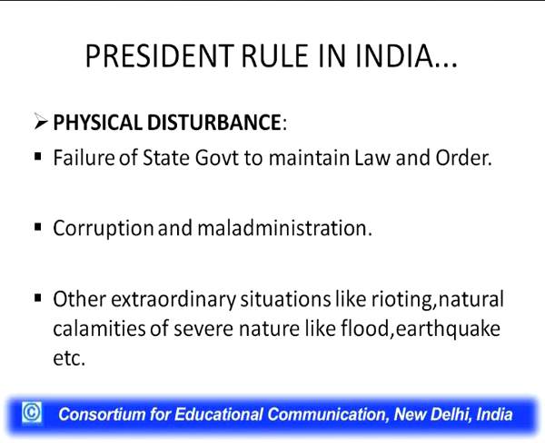If the state government lacks the will to maintain law and order, or is incapable of maintaining it, then it will be the responsibility of the governor to report accordingly to the president, and the president will be justified to impose President's Rule under Article 356 of the Constitution.